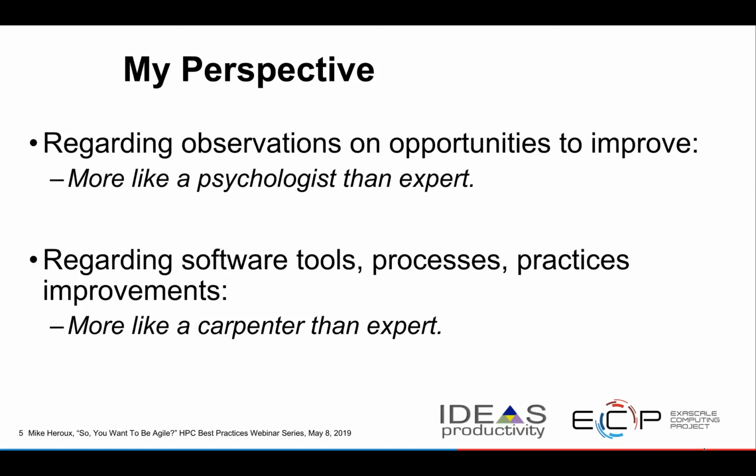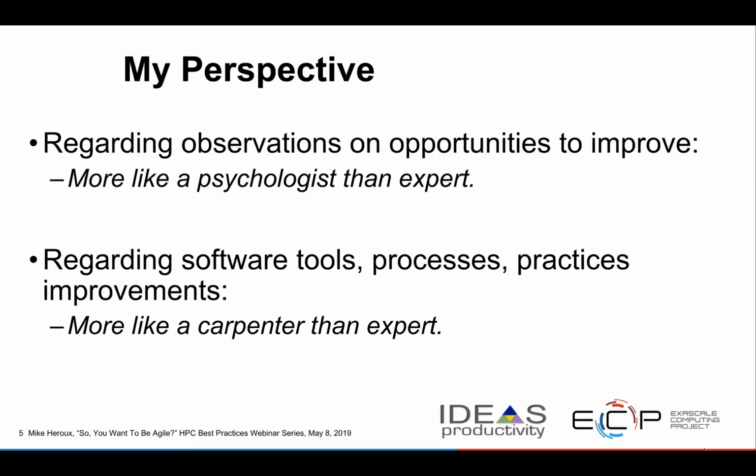I look at myself more as, say, a psychologist who enables conversation or tries to bring to light things that might work or might be worth focusing on. Also, when it comes to tools and processes, I'm more like a carpenter than an expert. I try things out and things either work for me or they don't.